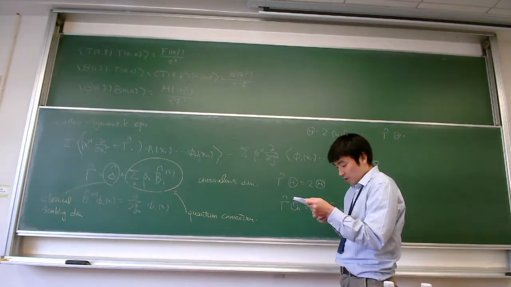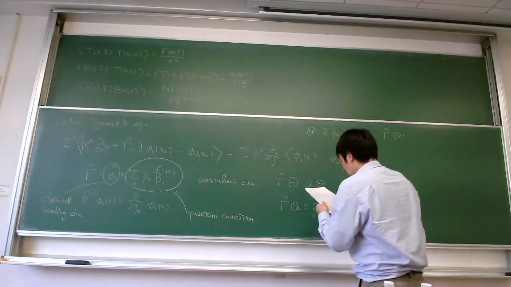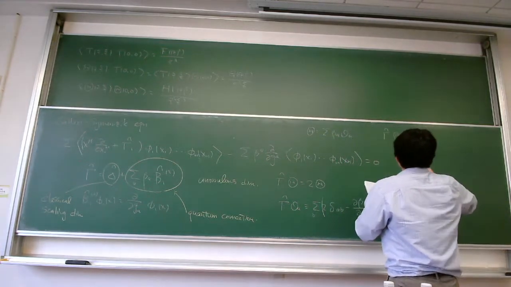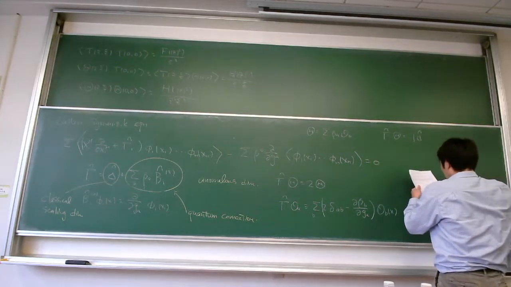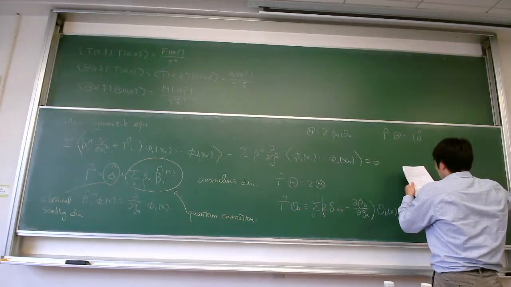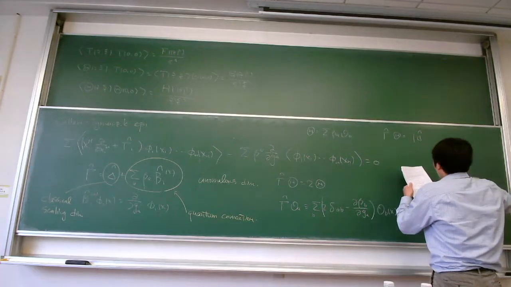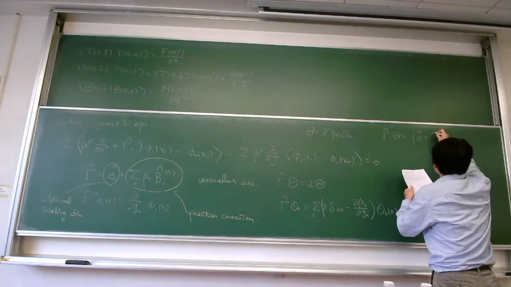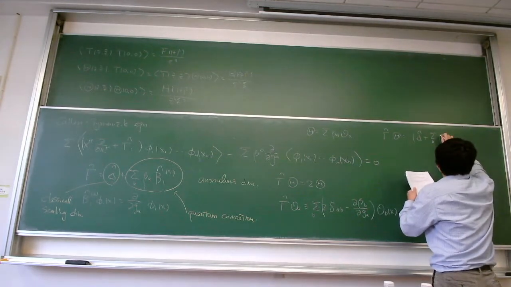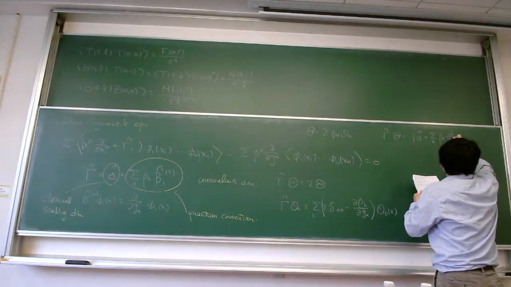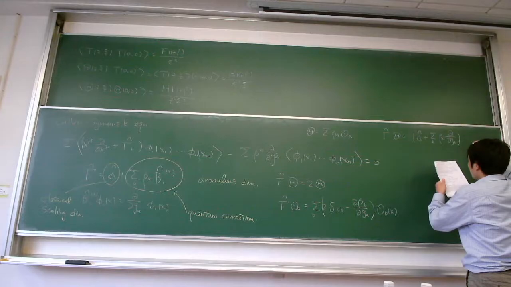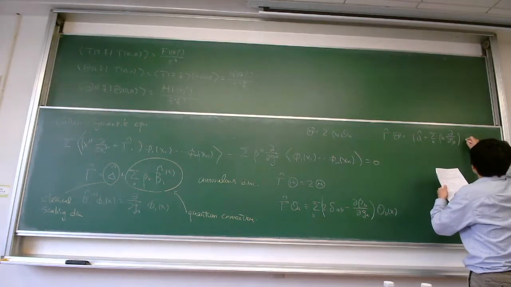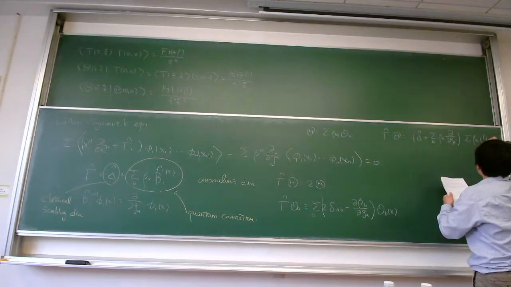I thought I corrected everything in 2 pi. Let's move on. Delta hat, yeah, that's okay, plus the sum over beta A, gamma acts on the sum over beta A operator O A.